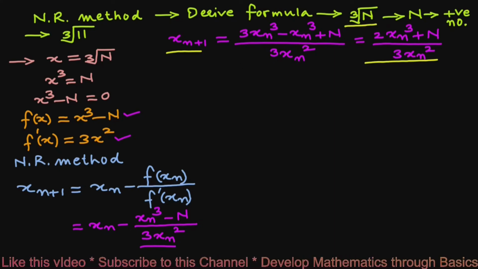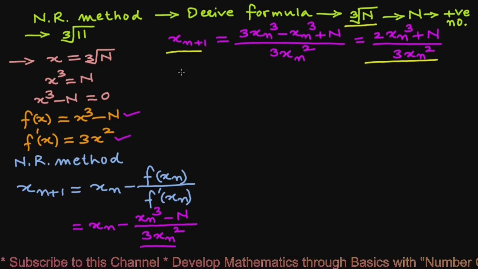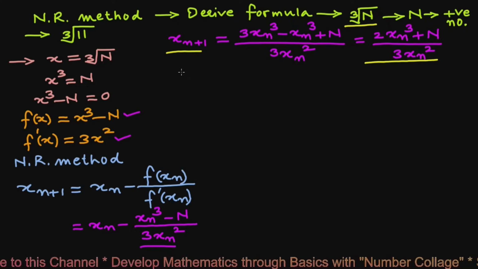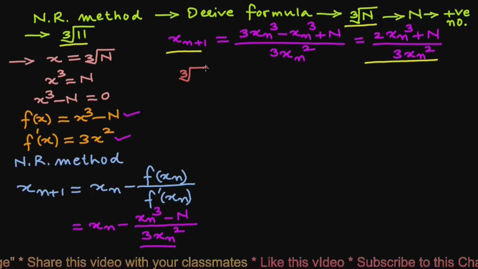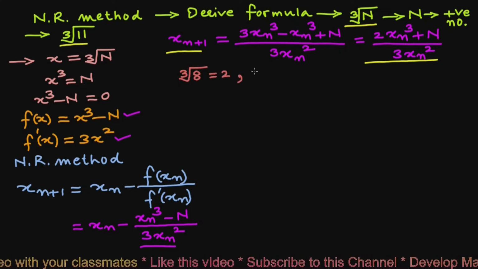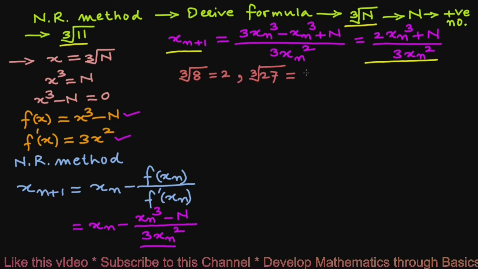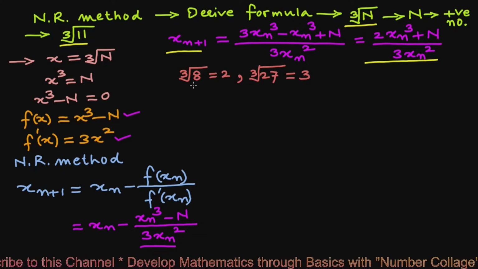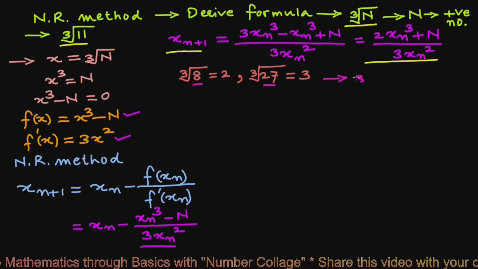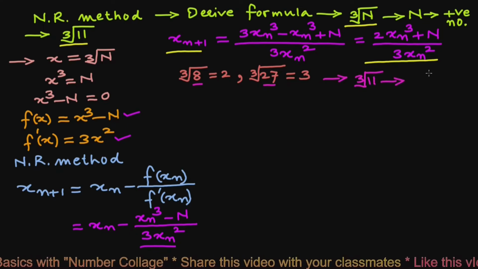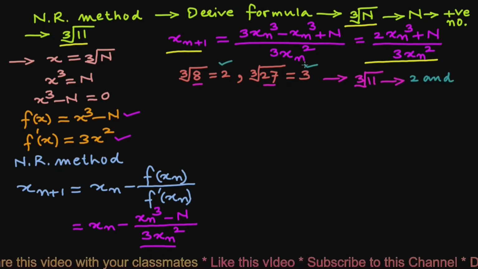Now we will estimate the initial root of the equation by guessing the cube root of 11. We know that cube root of 8 is 2 and cube root of 27 is 3. Since 11 lies between 8 and 27, the cube root of 11 will lie between this 2 and this 3.